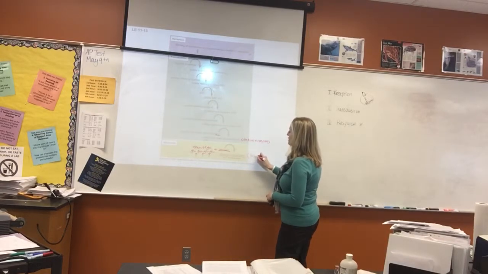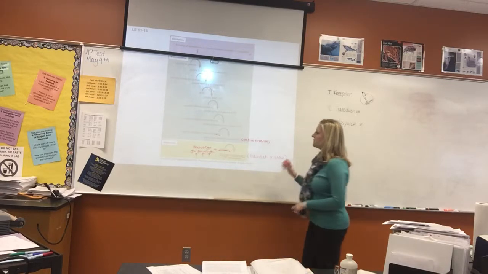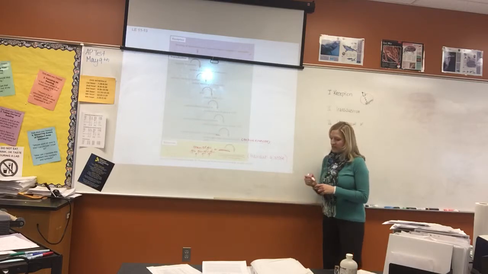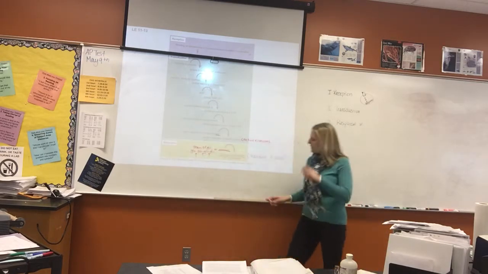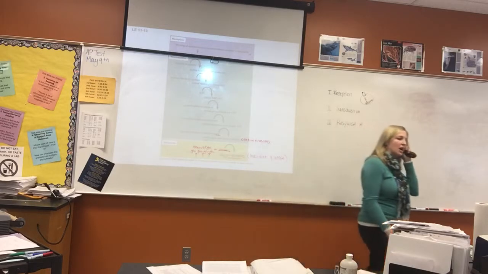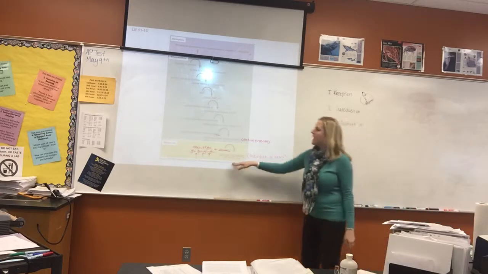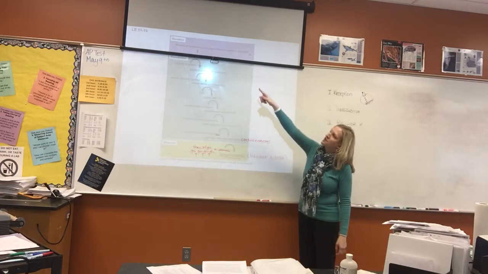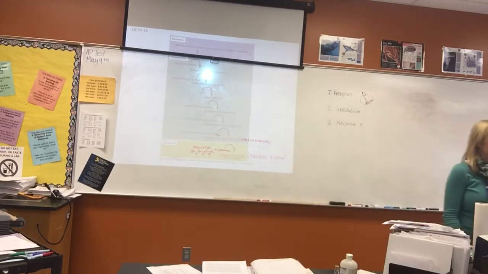These are individual monosaccharides, individual glucose, and therefore can be used for energy. And that right there is the response. So the response is the breakdown of glycogen to be used for energy. And see how all of this would not happen without our first signal molecule, the hormone epinephrine. All right? And so that's your response.